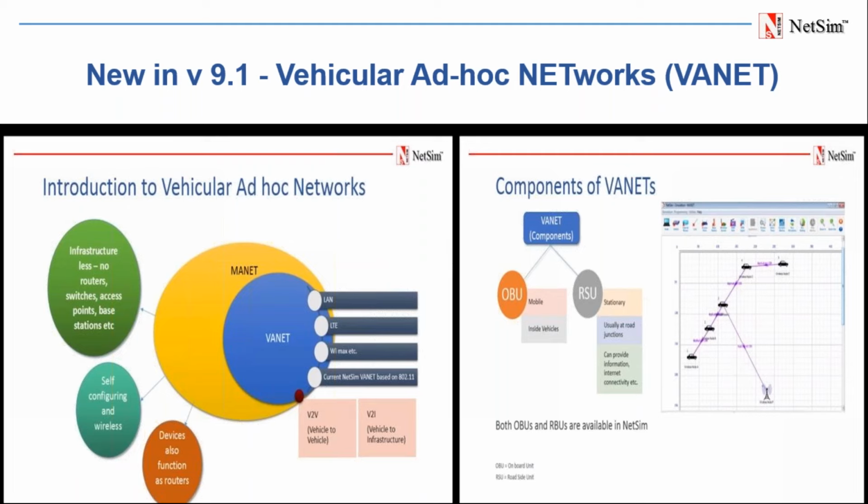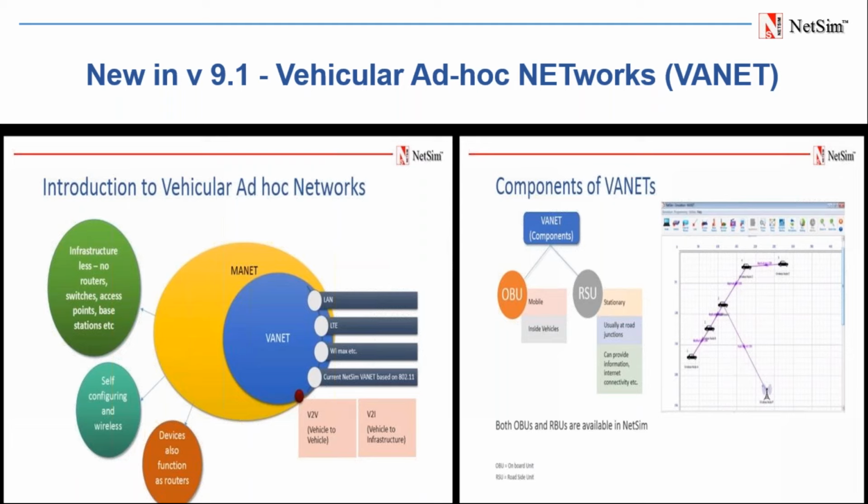So Vannet here can be of two types. First is V2V and V2I, vehicular to vehicular and vehicular to infrastructure. So it works on the basic principle of LAN, LTE and WiMAX using 802.11 IEEE standards. And Vannet has two components mainly. One is OBU, onboard unit, and second is RSU, roadside unit.